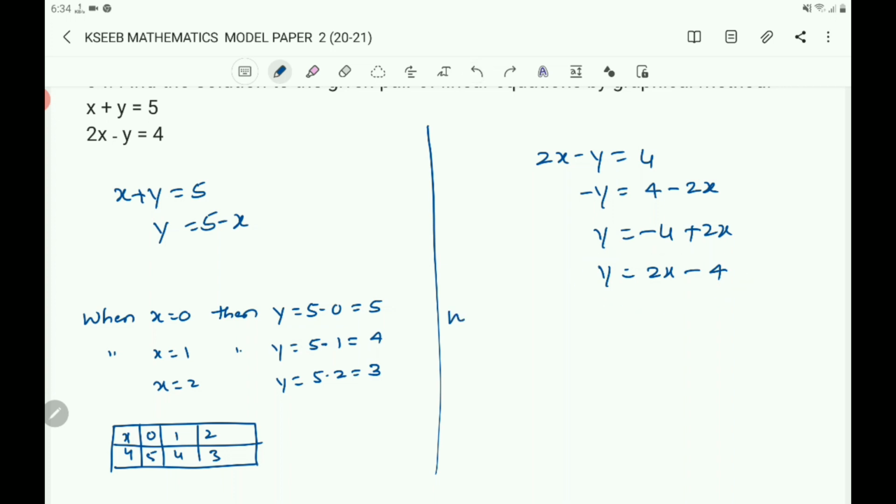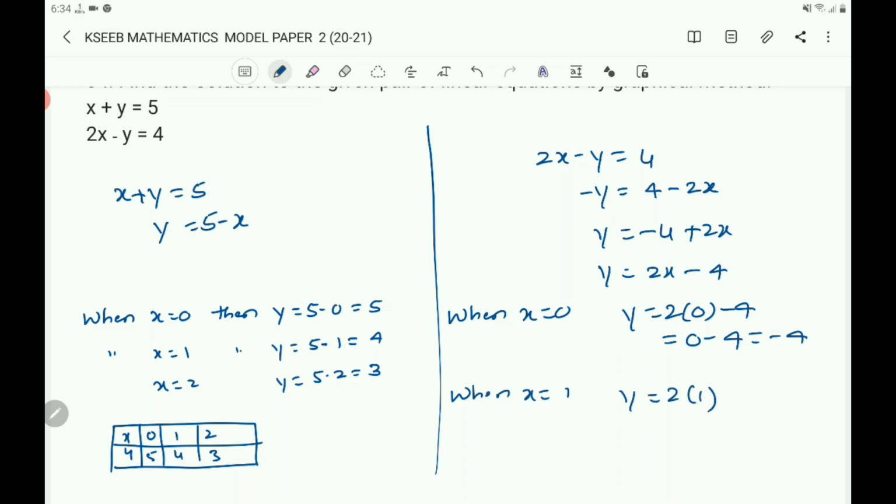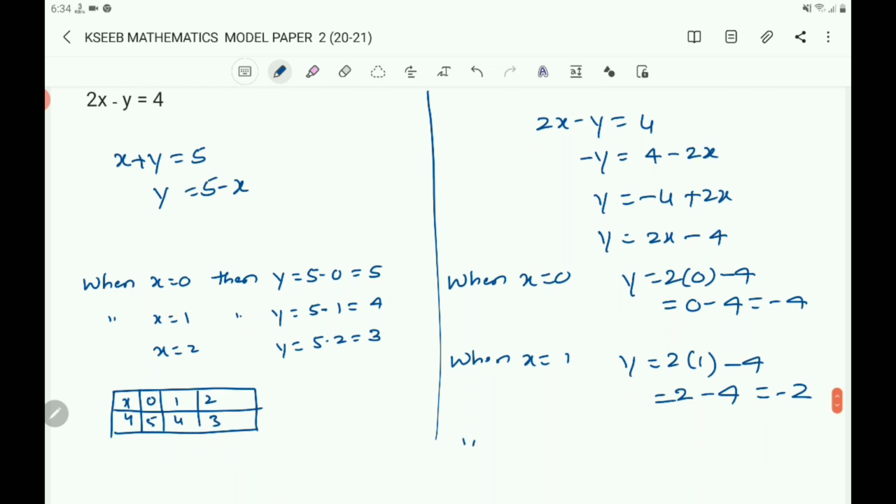Now when x equals 0, then y equals 2 into 0 minus 4, that equals 0 minus 4, equals minus 4. Then when x equals 1, y equals 2 into 1 minus 4, so it is 2 minus 4, equals minus 2. Then you take one more value, x equals 2, then y equals 2 into 2 minus 4, so 2 twos are 4, 4 minus 4, 0.